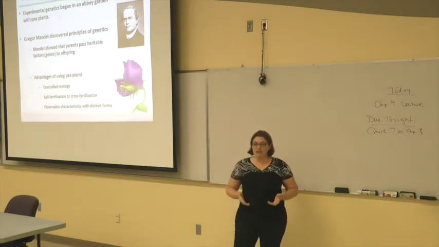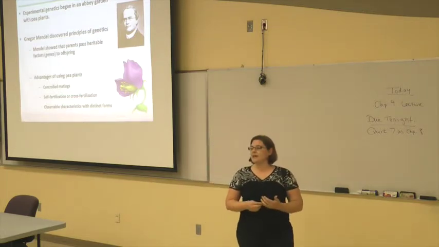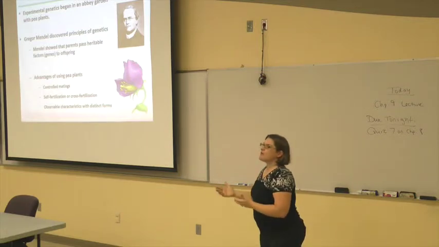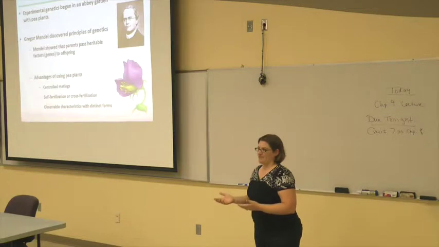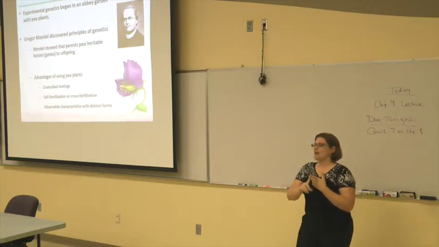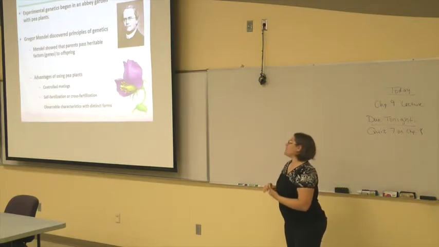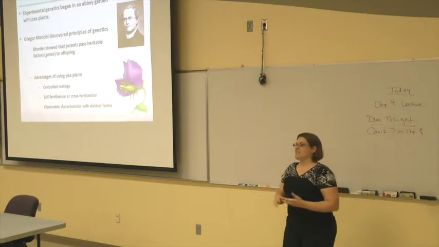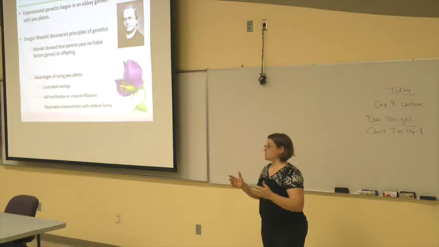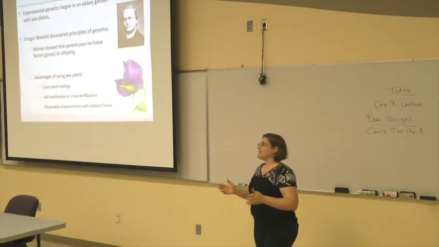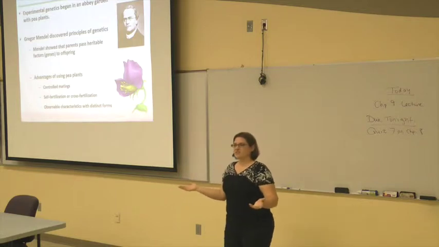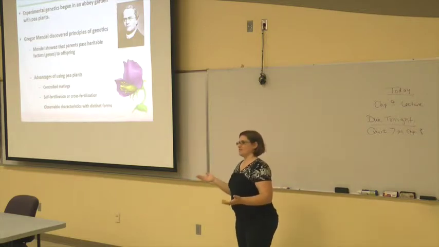And over the years that he was living there, he noticed that there was a tremendous amount of variety in the pea plants. They could have a variety of flower colors, seed colors, and seed shapes. And he wondered, why did that happen? How is there this variety? What determines this?